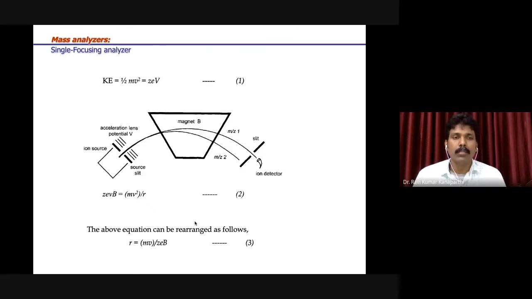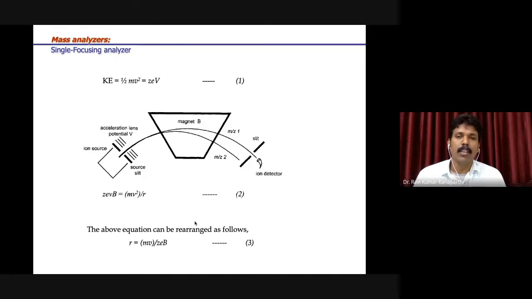Any spectrometer will consist of three components. One is the ionization, which is done by the ionizer, and we have learned a few ionizers. The next general principle is the ion separation. The ionizer forms the ions, and then these ions are to be separated based on some criteria.